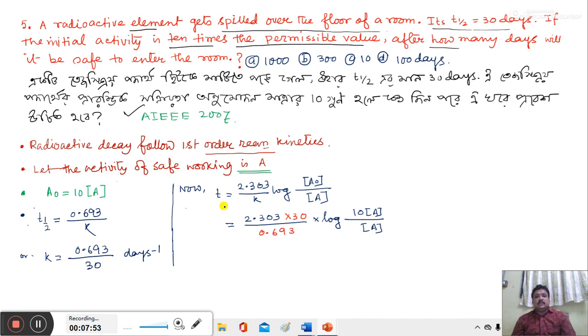For a first order reaction T is equal to 2.303 by K log of A0 by A. Now putting the values of K, we get T is equal to 2.303 into 30 by 0.693, and log of A0 by A, where A0 is 10A. By calculation we get the value of T as 100 days. So option D is the correct one.